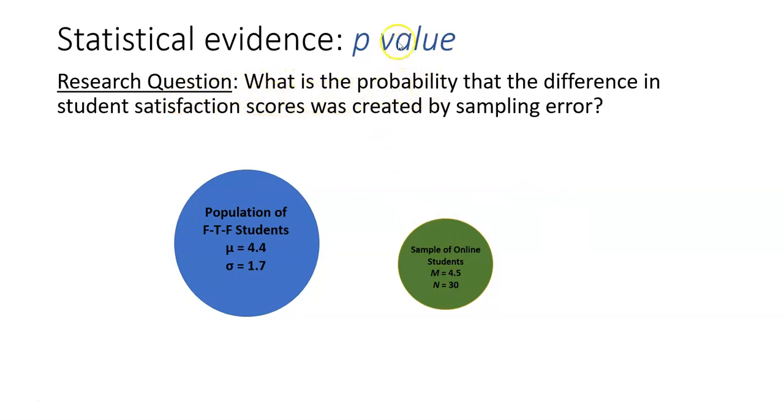What's the probability, the p-value, that the difference in student satisfaction scores between the online students and the face-to-face students was created by sampling error? So again, the difference here is 0.1. This group was exactly 0.1 more satisfied. Is that difference of 0.1 due to sampling error? That's our research question.